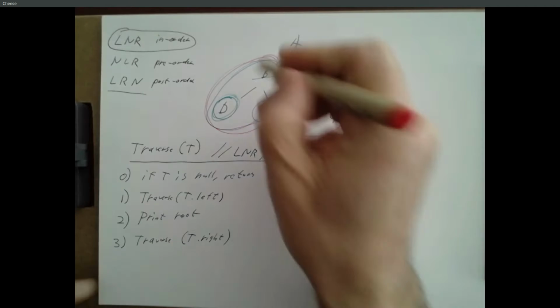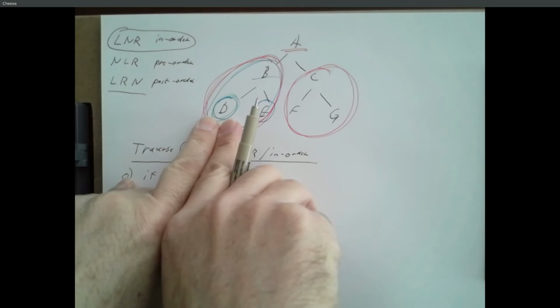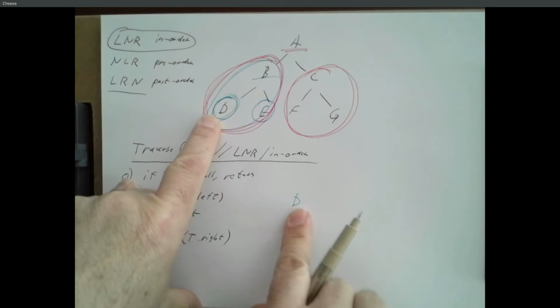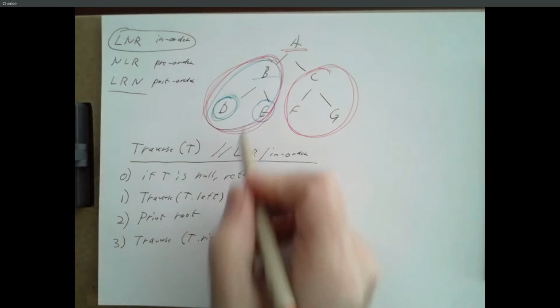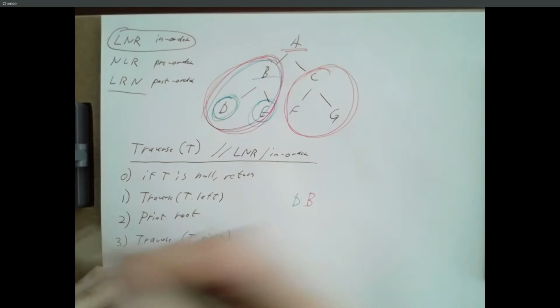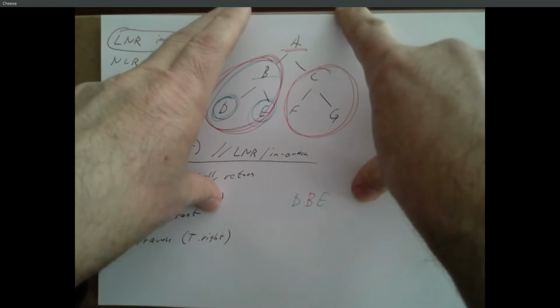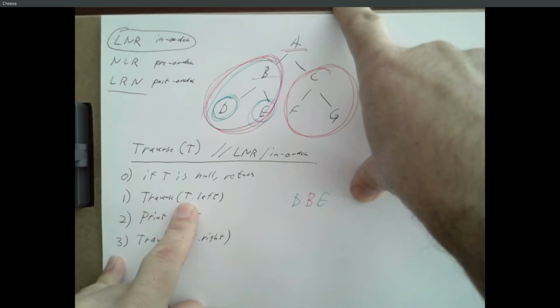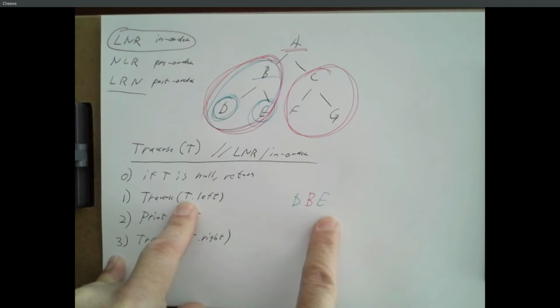So that red friend who was traversing this gets back the traversal of this subtree, which produced a D, and then they print out a B, and then they pass that E to a friend, and that friend will go ahead and print out an E. And the original person who was trying to traverse this entire tree, they just finished this first step, which was they traversed this left subtree and it produced this.